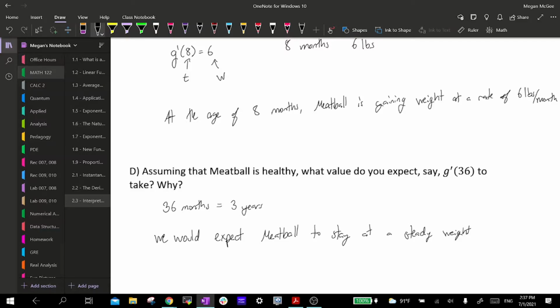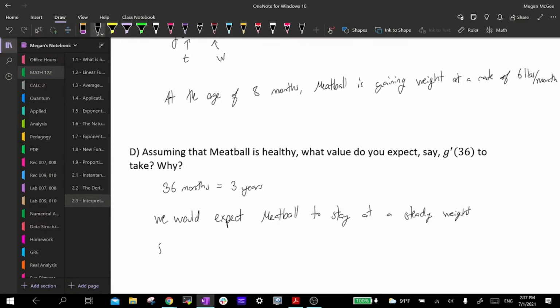If his weight is not increasing, nor is his weight decreasing, his weight should be staying constant. So the rate of change of his weight at 36 months should be near 0. Alright? Maybe it will increase a little bit or decrease a little bit here and there, but overall it should stay about 0 for a healthy dog.